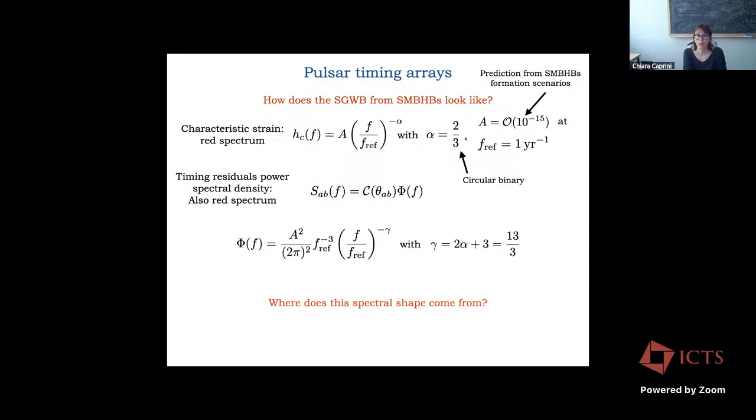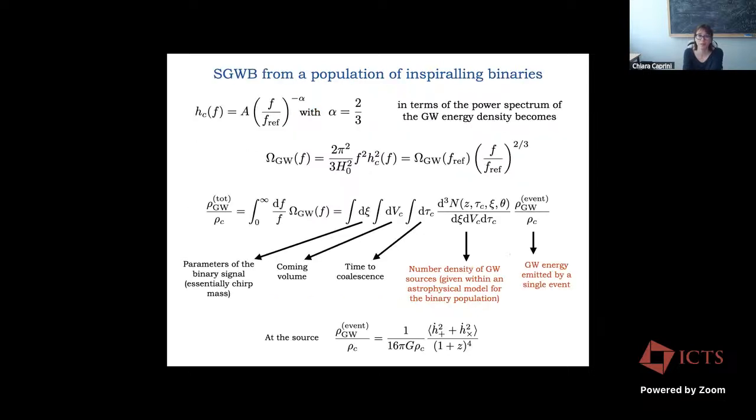Now, this alpha 2/3 can be derived with a very simple calculation. Let us rewrite it in terms of the power spectrum of the gravitational wave energy density. I had some similar relation to this one in the lectures 2 days ago, but you can find this also in Maggiore's book, etc. So this is the relation between omega and the gravitational wave characteristic strain.